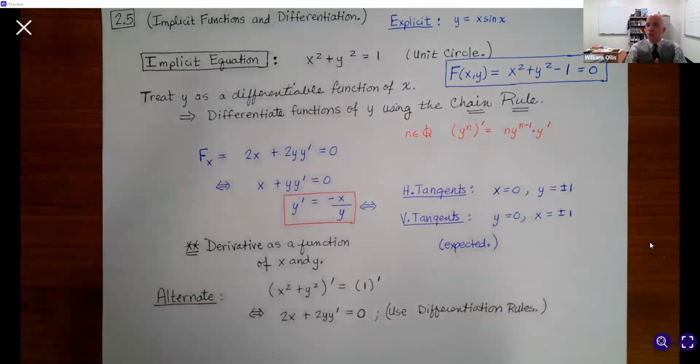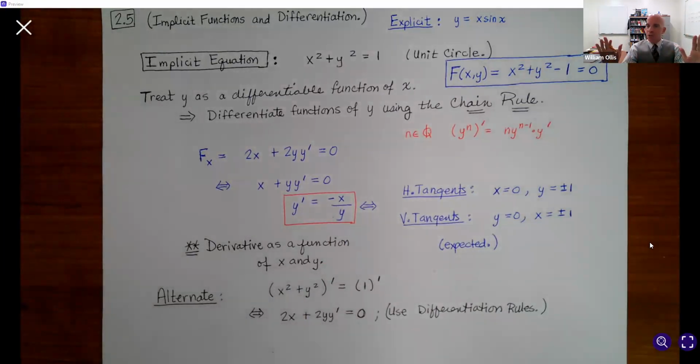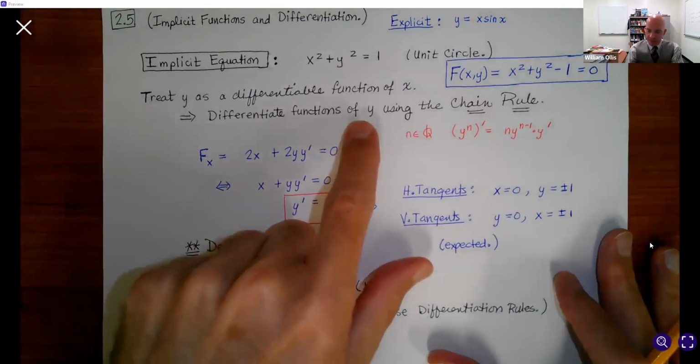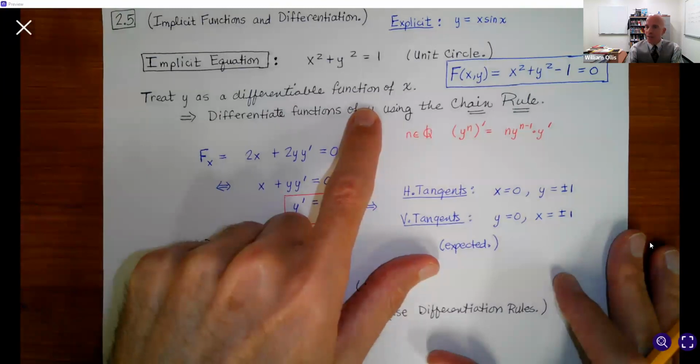So how you want to think about it, probably initially, is easily done by just simply taking the equation and differentiating it, with the assumption, again, that y is a differentiable function of the independent variable x.